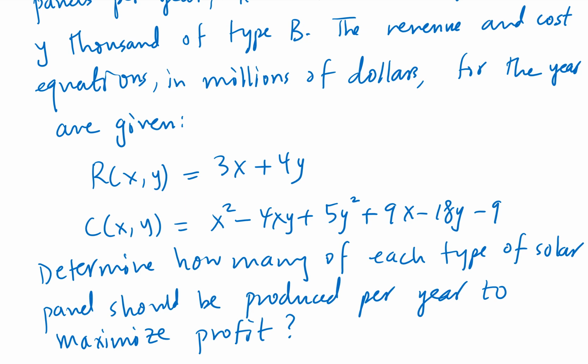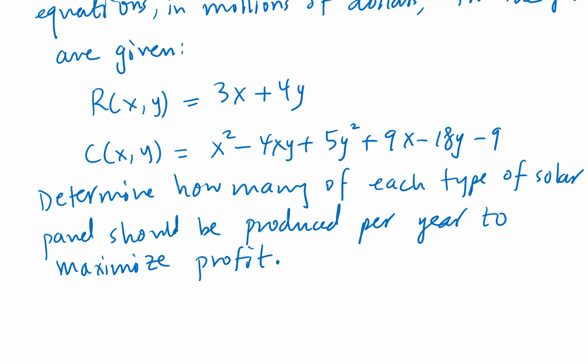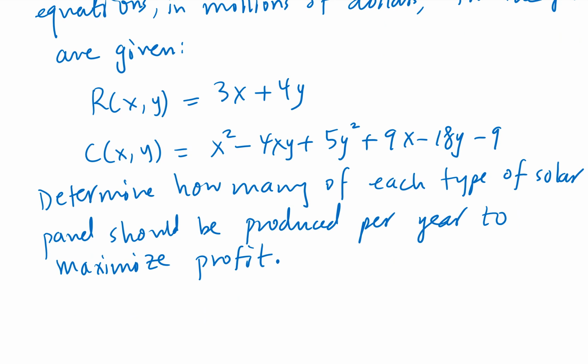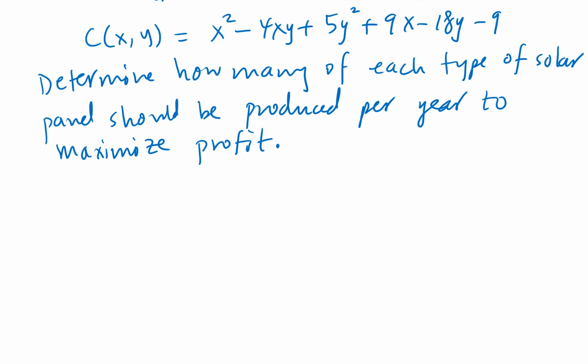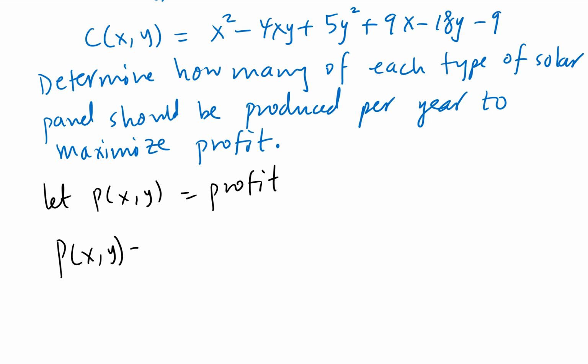So how do we maximize the profit? Well, we need a function for the profit, right? Let P(x,y) be the profit function. How do you find the profit? We take the revenue minus the cost.